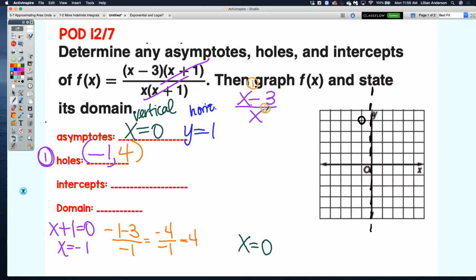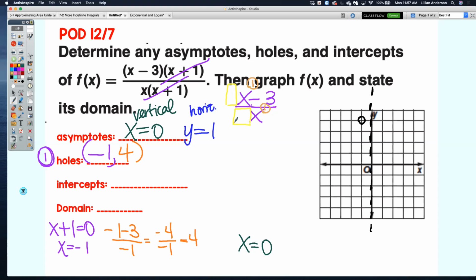Since they're both 1 and they're both equal, the horizontal asymptote is the coefficient of that variable over the coefficient of that variable. It's not always y equals 1. In this particular case, it is y equals 1.